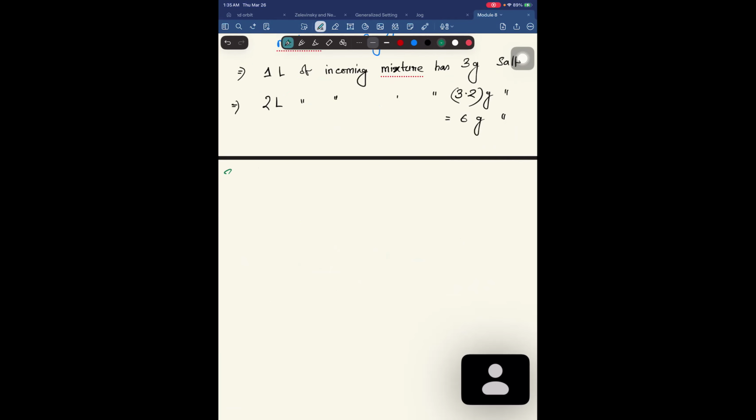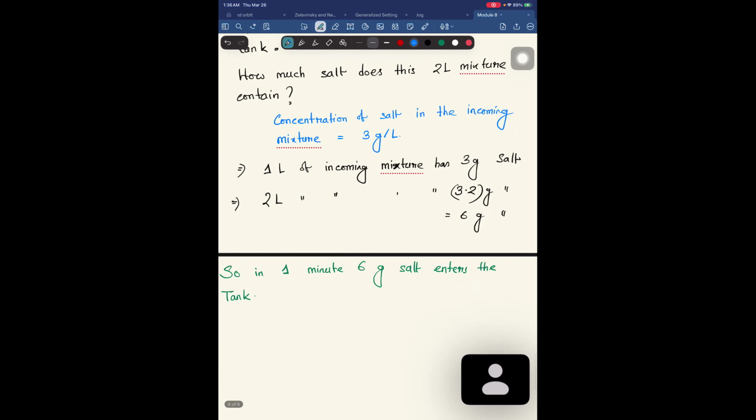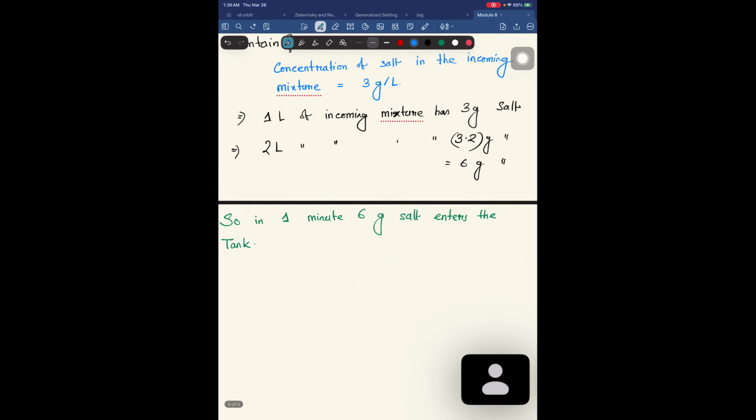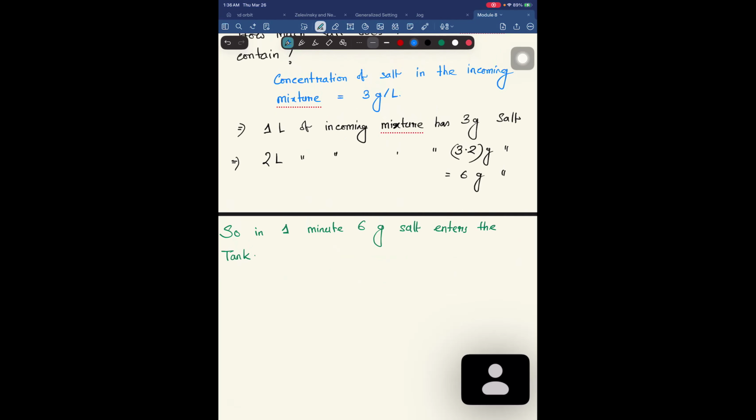So in 1 minute, 6 gram salt enters the tank. Right? Okay. And notice that this 1 minute can be measured after t minutes.